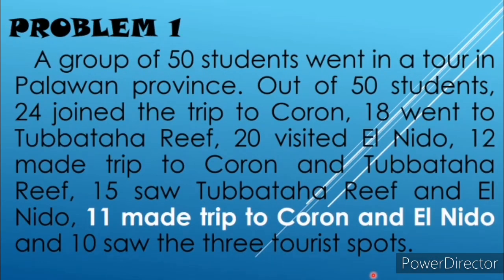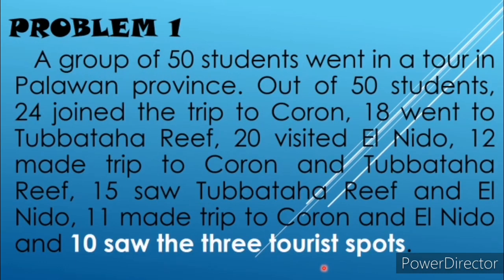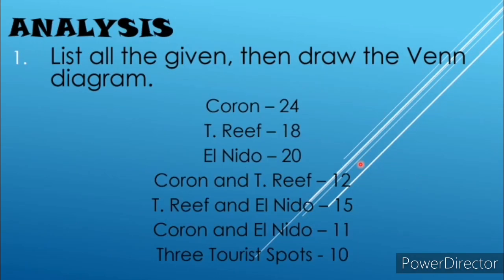Then afterwards, 11 made trip to Coron and El Nido. So, meron daw 11 na nag-tour sa Coron at sa El Nido. Okay. And then, merong 10 and 10 saw the 3 tourist spots. Ibig sabihin, merong 10 na nag-tour sa 3 tourist spots. Sa Coron, sa Tubataha Reef, and El Nido.